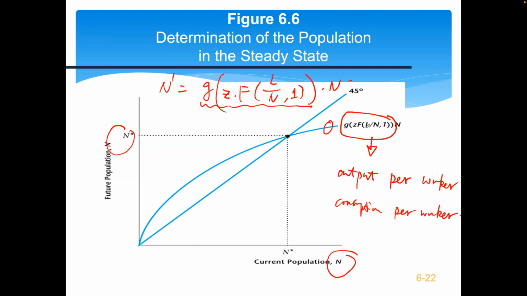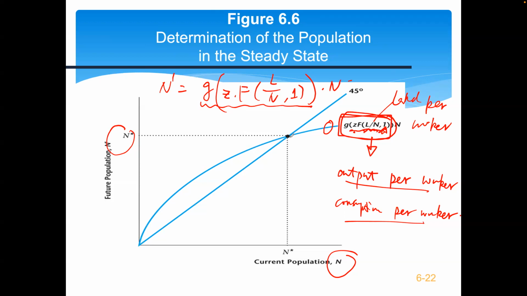Because here, this L divided by N is just land per worker. This has been normalized because we essentially look at one worker. One worker is going to have L divided by N amount of land. Z is the technology. So inside here is output per worker, consumption per worker, and this is going to determine the growth rate of population. That's essentially what this says.